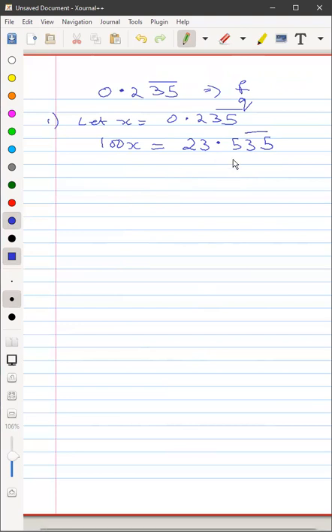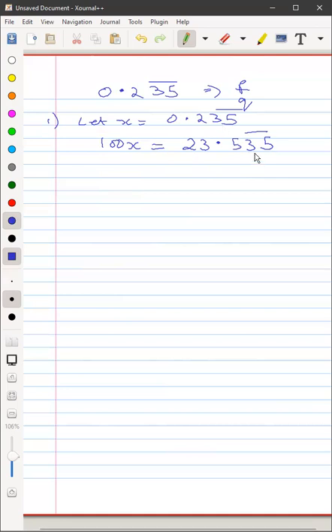What did I do here? You multiplied 0.235 bar by 100. So what did I get as the answer? I'll get 23.535 bar.